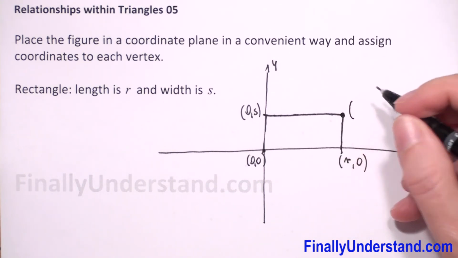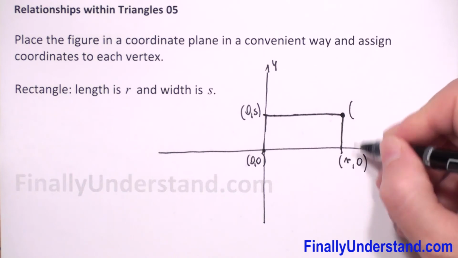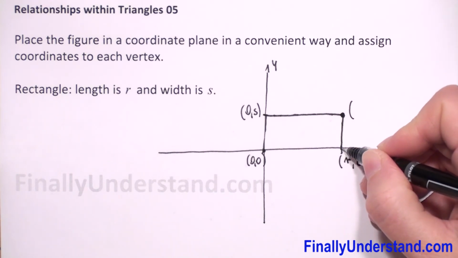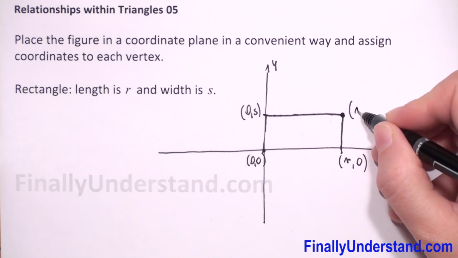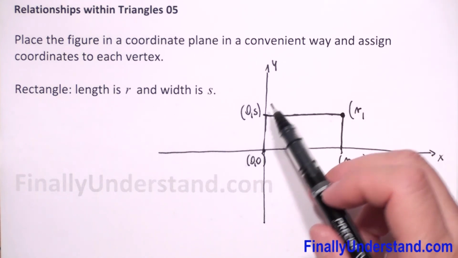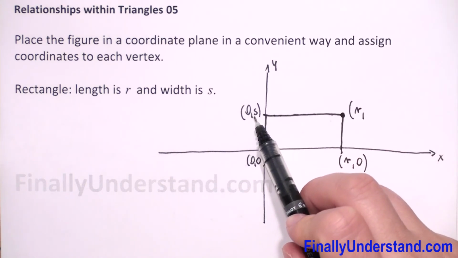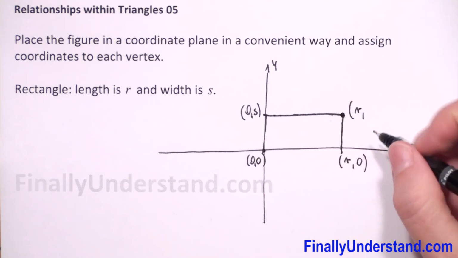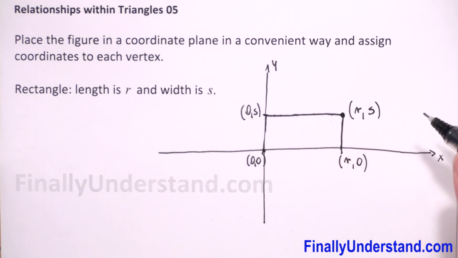So here we will have a point whose first coordinate is the same as for this point, so this is r, and the second coordinate must be the same as the second coordinate of this vertex, so this is s.